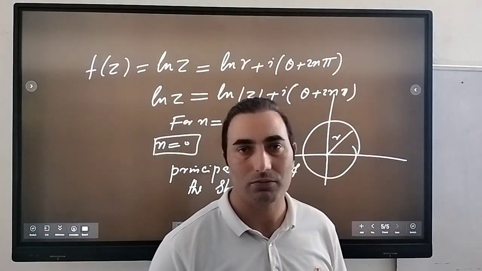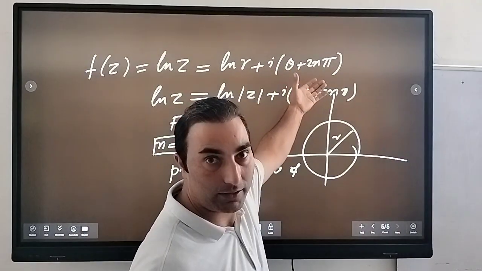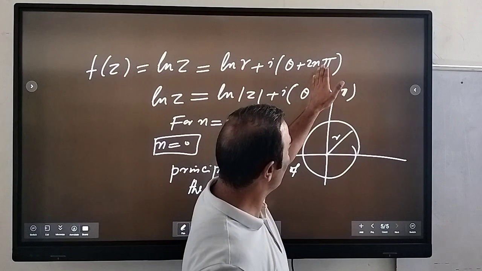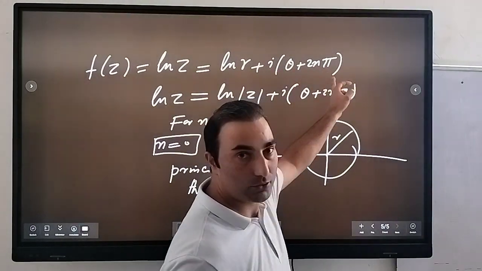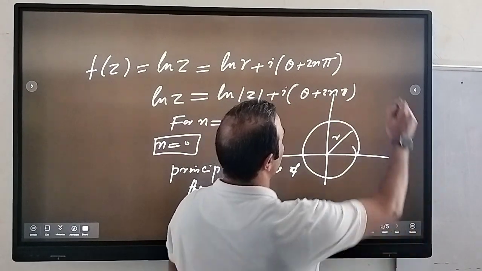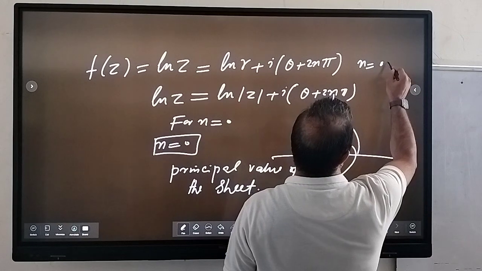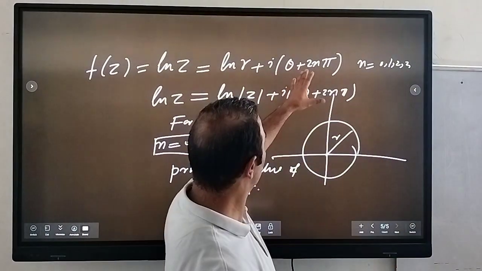Similarly, if you take different values of n here, you get iota into theta plus 2 pi, putting n equal to 2, n equal to 3, because n takes values 0, 1, 2, 3. So by putting different values, you can have different results.